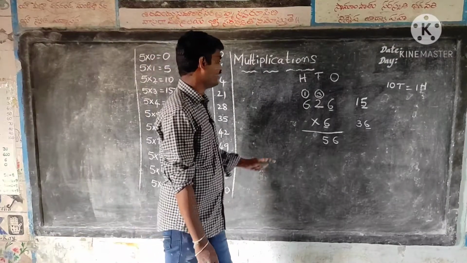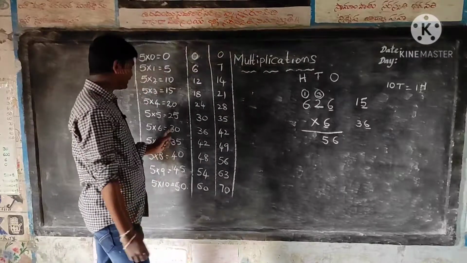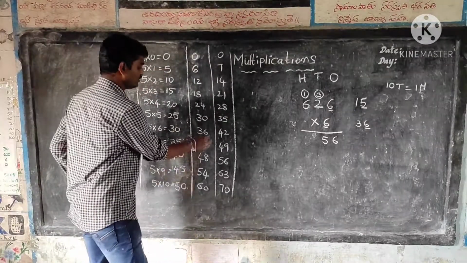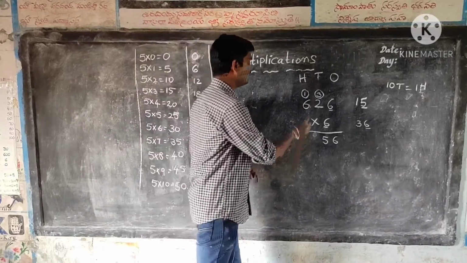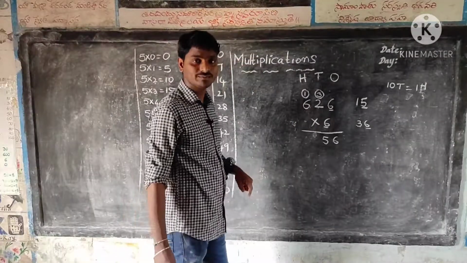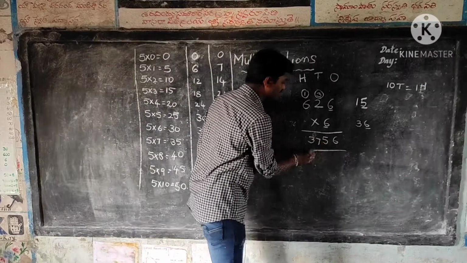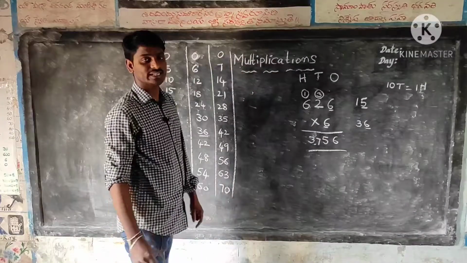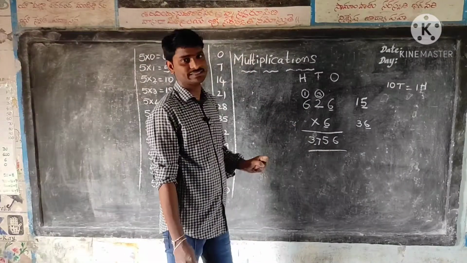Okay beta? Right. Next, 6 sixes. What is 6 sixes? Yes, we already did this, 36 again. So, 36 plus 1, 37. Our answer is 3756.